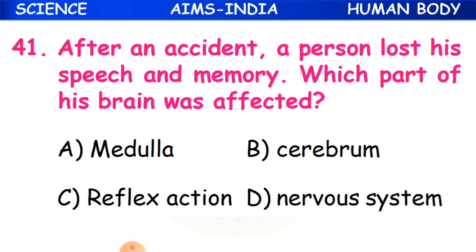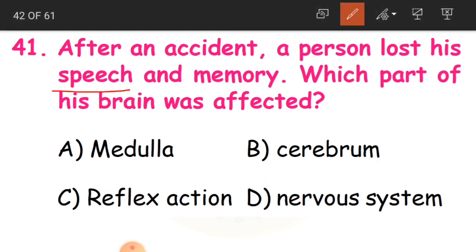41st question. After an accident, a person lost his speech and memory. Which part of his brain was affected? So after an accident, what happened? A person lost his speech and memory, in the sense that he was not able to talk and he was not able to remember anything.